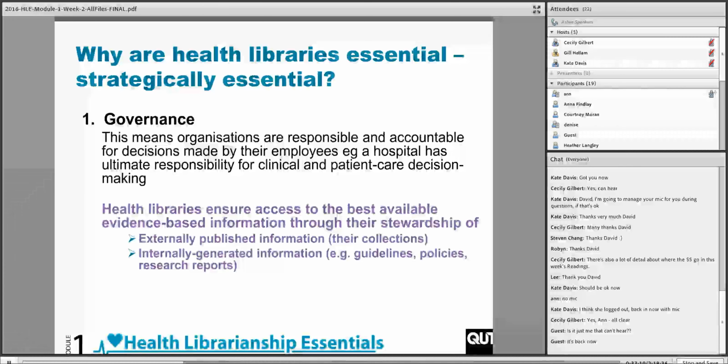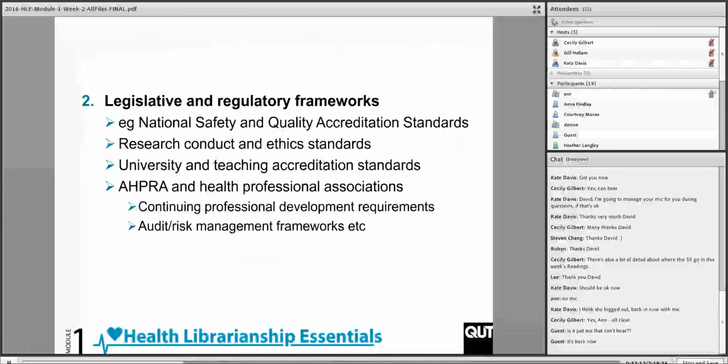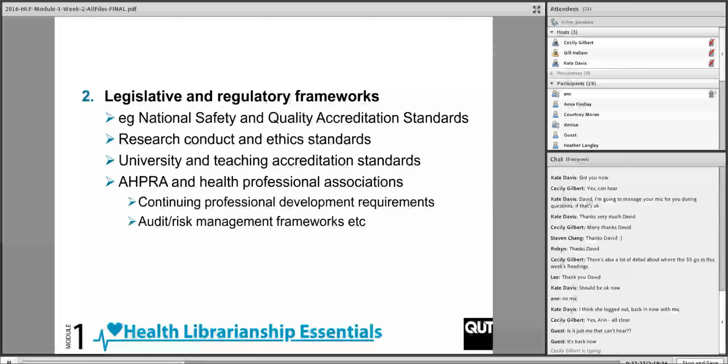And then the second area that I've got down as a kind of strategic plank is about the legislative and regulatory frameworks that our organisations operate under. So, for example, the National Safety and Quality Accreditation Standards. Health services, all different types of health services, are accredited, and it's through national safety and quality types of regulators.